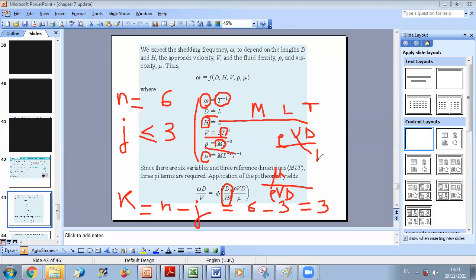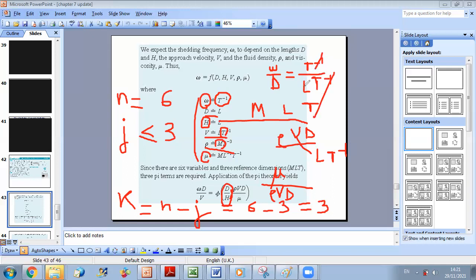So v is l t minus 1. If you want to eliminate t minus 1, you should divide by v. So you start by saying v over d to eliminate t will give me t minus 1 over l times t minus 1. Then t minus 1 will simplify, but another variable will appear, which is 1 over l.